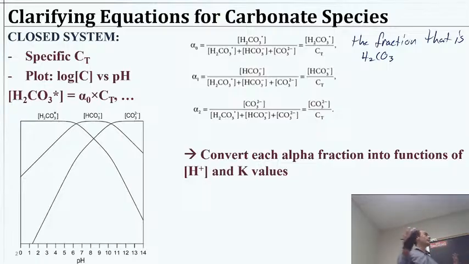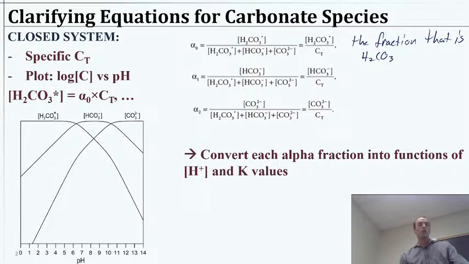And the simplest way to write that would be H2CO3 divided by C total. Another simple way to write that would be H2CO3 divided by each of the carbonates added together, right? H2CO3, HCO3 minus, and CO3 2 minus, right? All tracking with that? It's just very essential, straightforward mass balance here.